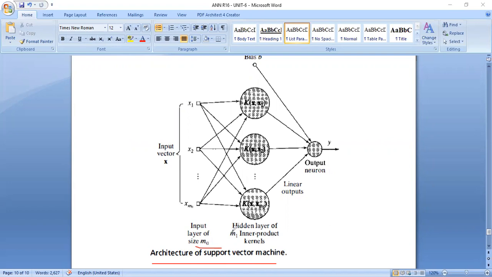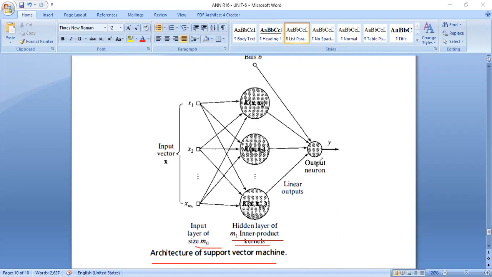And then a hidden layer of m1 inner product kernels. Here in the hidden layer we use an activation function, and that activation function is called an inner product kernel. Each and every neuron of the hidden layer may use inner product kernels.